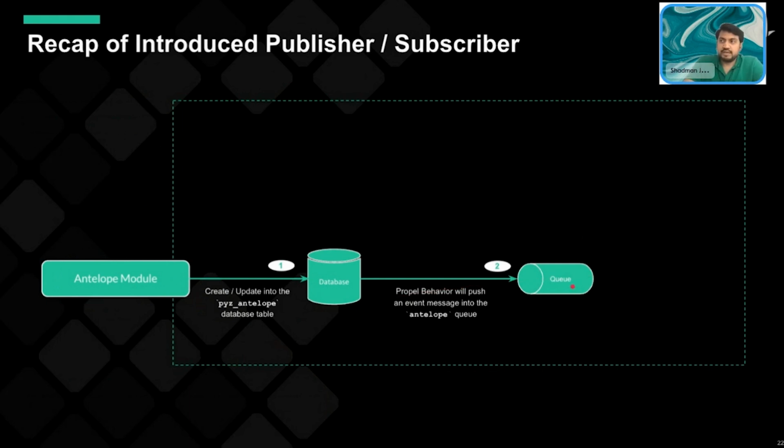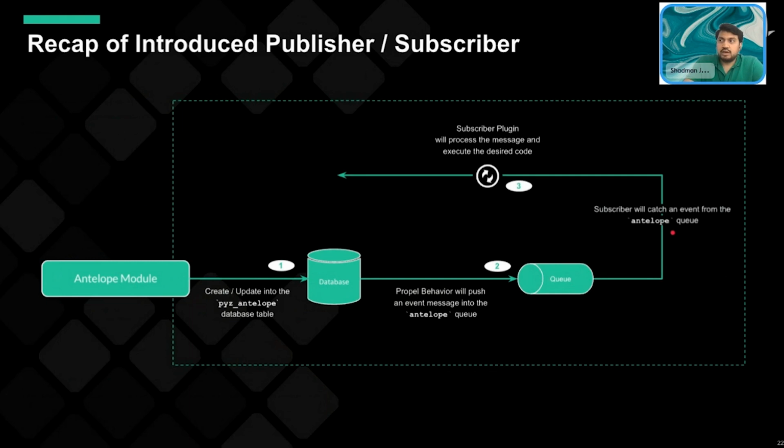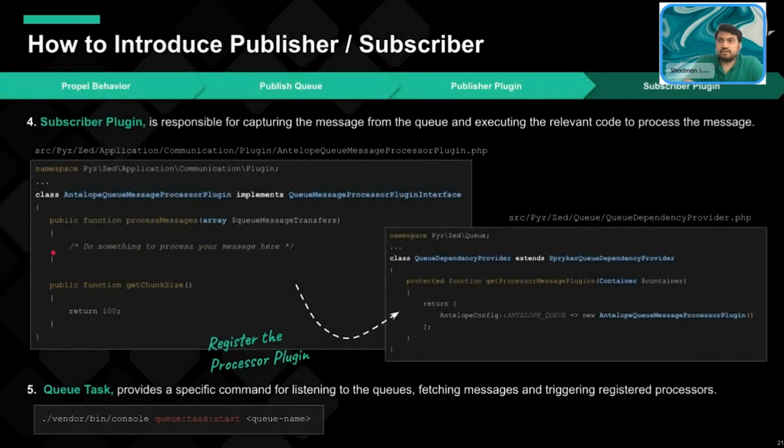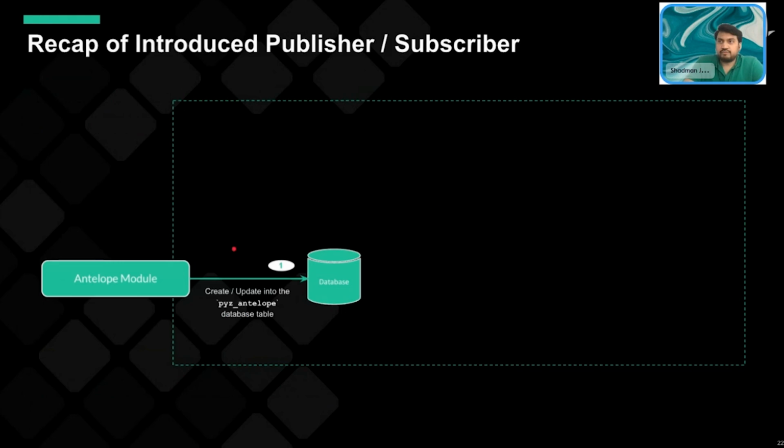Once we get a message in the queue, our subscriber or listener will listen for the message, and it will get processed. This is actually representing just a process. So if I go back, this is the line where you can perform your process.